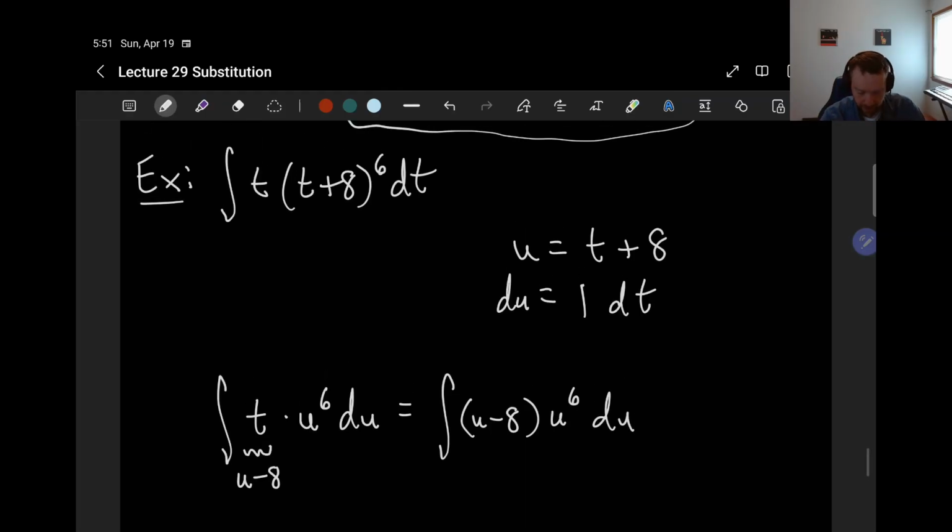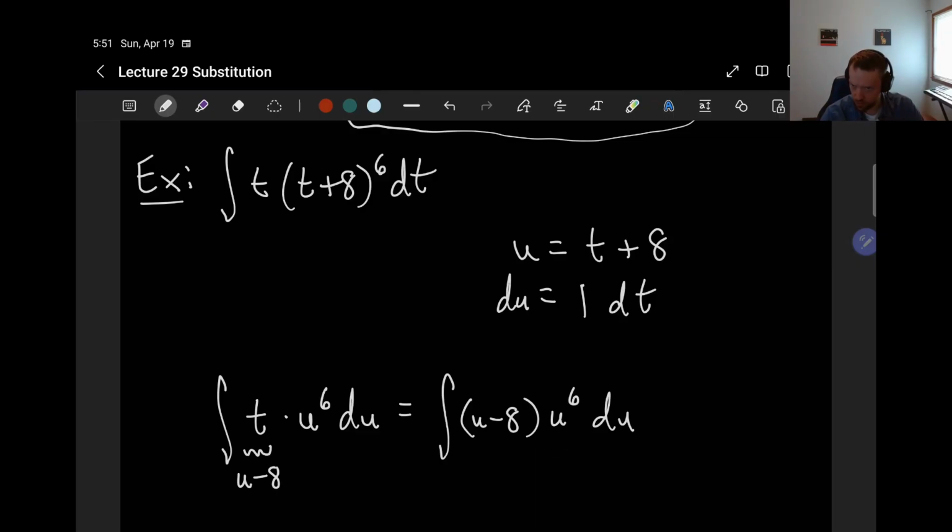And now at first glance, it may not look a whole lot different from what we started with, but it's actually a lot better that this more interesting expression does not have the power associated with it, and we just have u to the 6th.